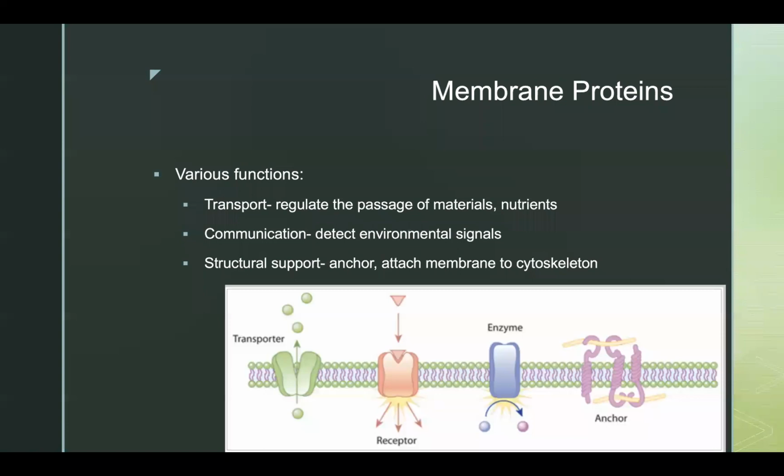This concept of transport is essential, because the membranes are going to help facilitate the passage of materials through that membrane. We said that the membrane is referred to as a fluid mosaic, so it's not this static structure that's impenetrable. It is penetrable, but it's selectively penetrable, or permeable.